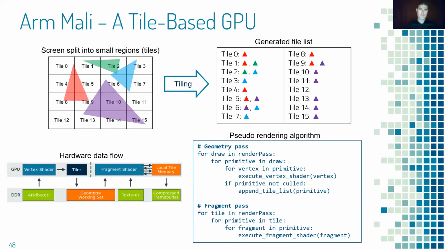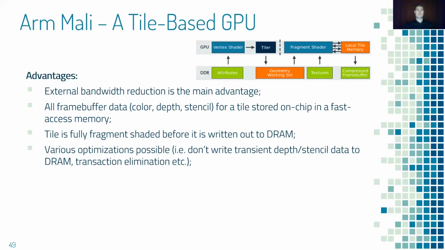So why do this? The advantage of this approach is external bandwidth reduction, of course, which is the main advantage. All frame buffer data, so color, depth, and stencil for a tile, is stored on chip in fast access memory, within the GPU. A tile is fully fragment shaded before it is written out to external memory, and once it's written out, it's never read back, at least not during the current rendering.